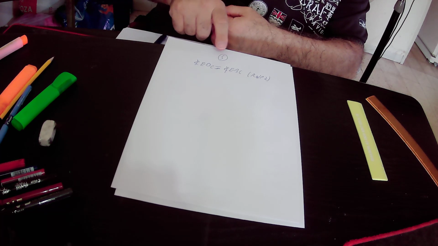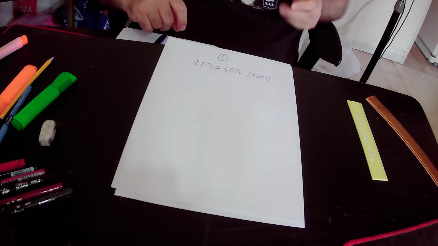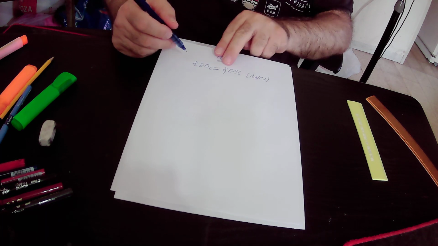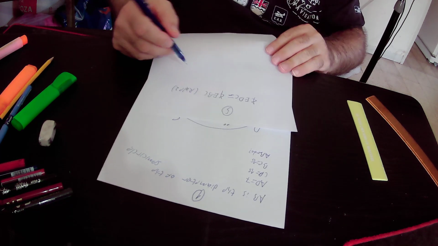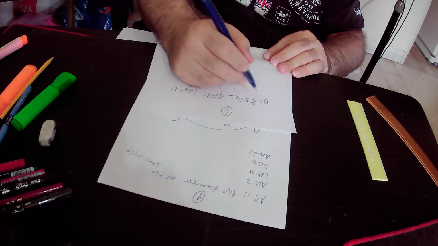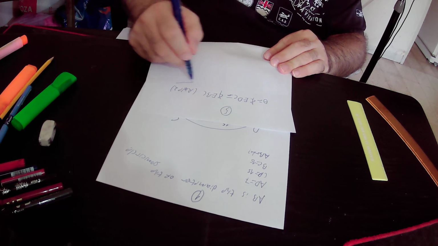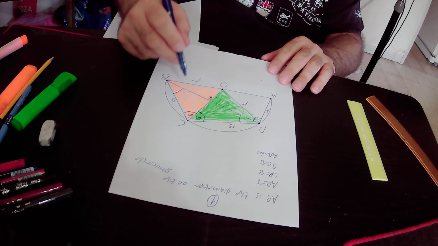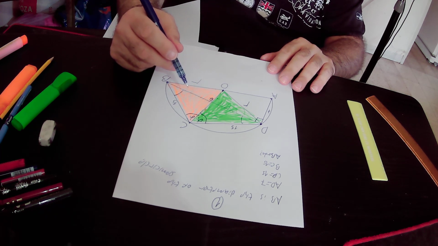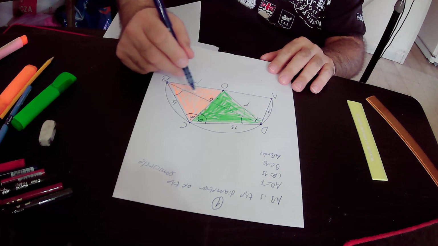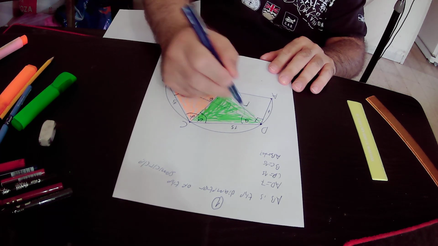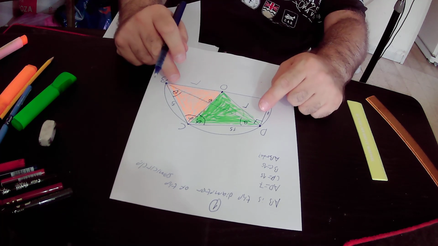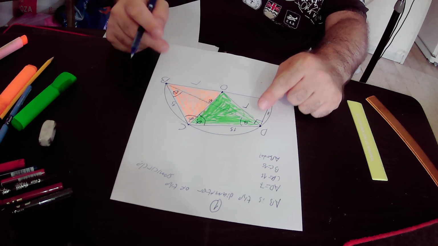Therefore, angle EDC is equal to angle EBC. And if we define angle EDC as theta, then angle EBC will also be equal to theta, because those two angles are equal to each other. Okay?